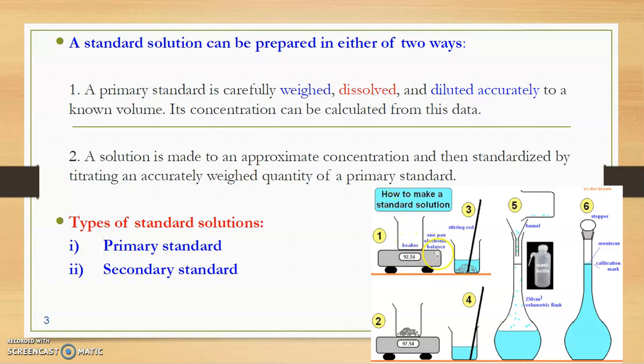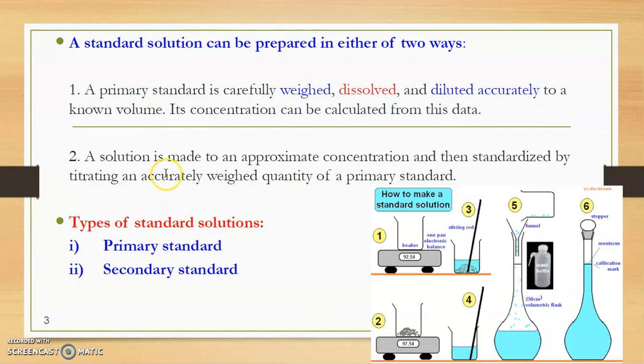First, you add your material, and then you weigh, dissolve, and transfer into your volumetric flask, and then you add the solution until the calibration mark, then you place a stopper. So you know the concentration of your solution, and then you need to make sure you label. Right, its concentration can be calculated from this data, as I mentioned.